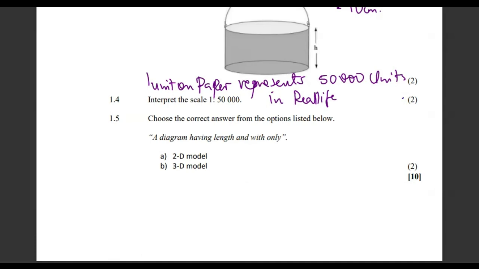Okay, and choose the correct answer from the options below. A diagram that has the length and width, this one's supposed to be width, is a 2D.